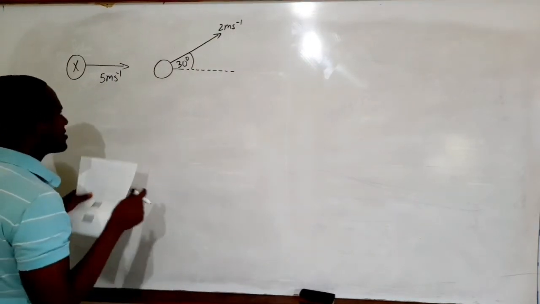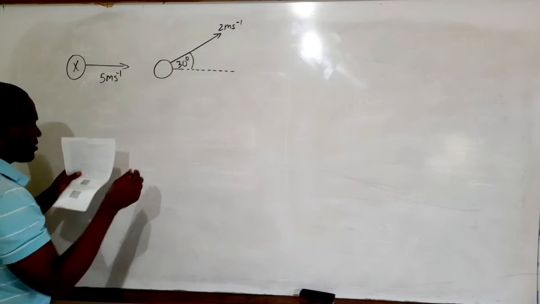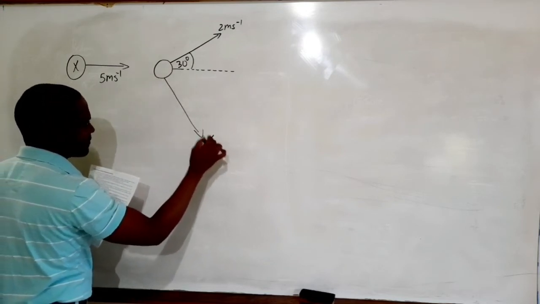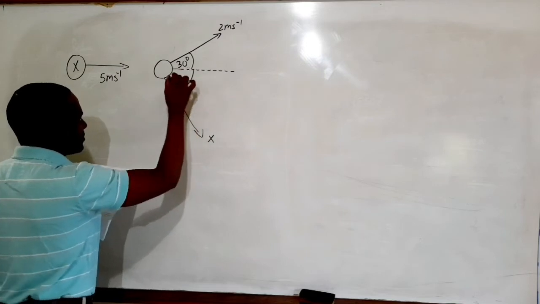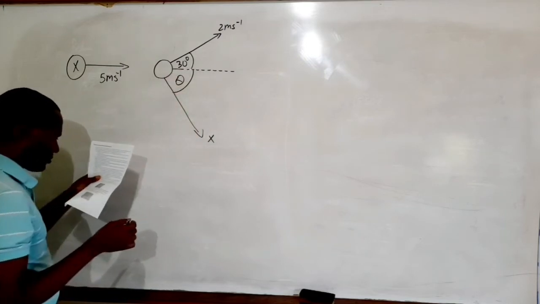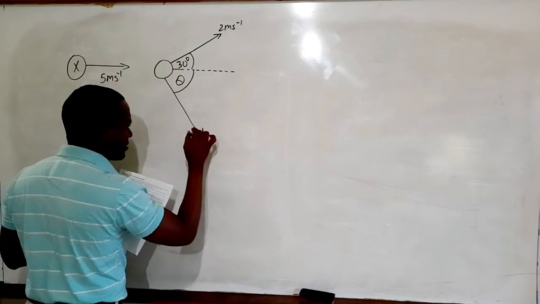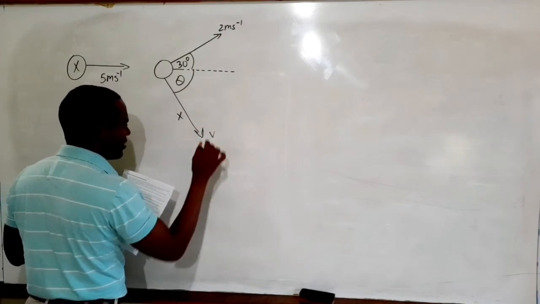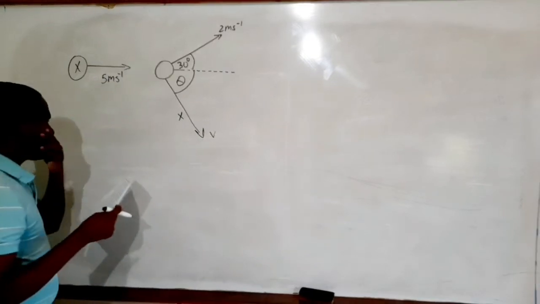And X moves off at some angle theta to its initial direction. And we're told the velocity is v. So this is the path of X and the velocity is v.